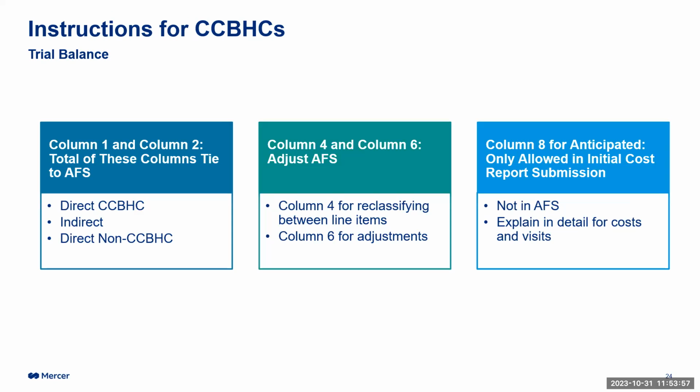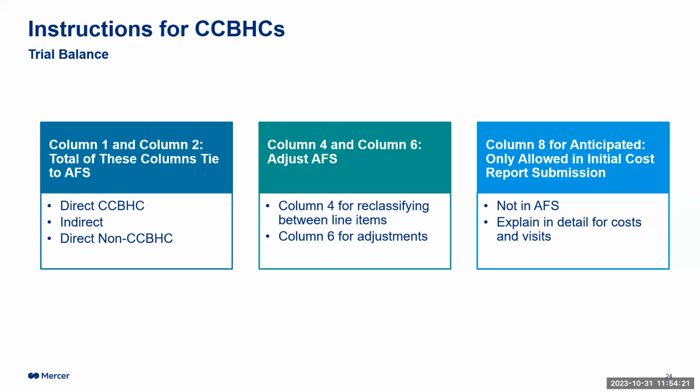Next slide, please. So in essence, columns 1 and 2, as we had mentioned, total to the audit financial statements. This is going to include direct CCBHC, the indirect costs, direct non-CCBHC. Columns 4 and 6 are used for reclassifying and making adjustments.